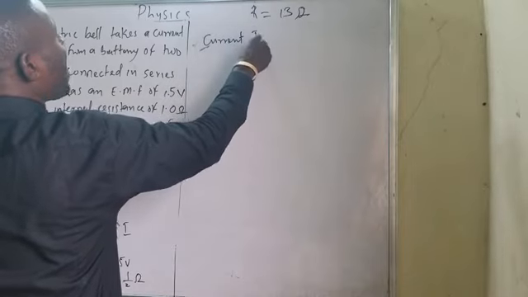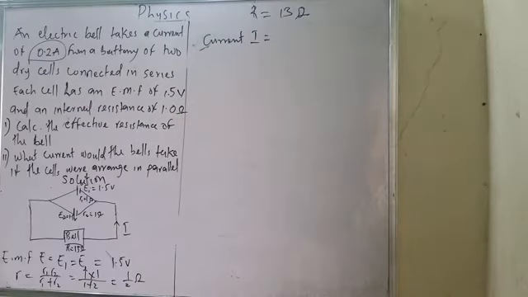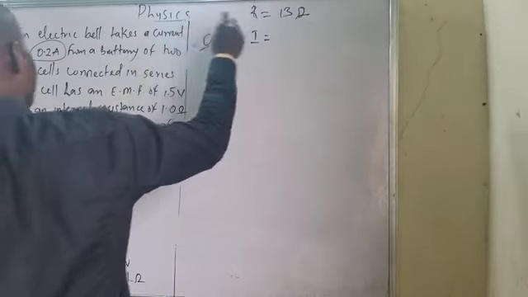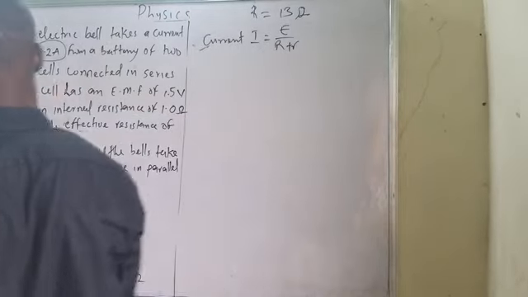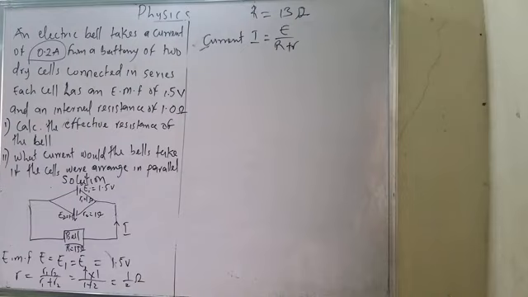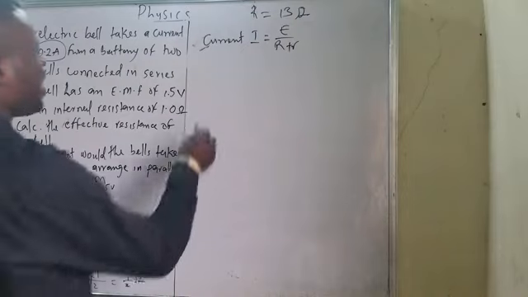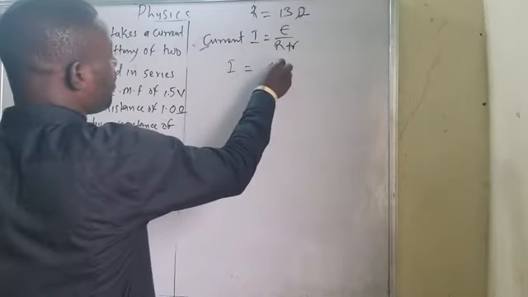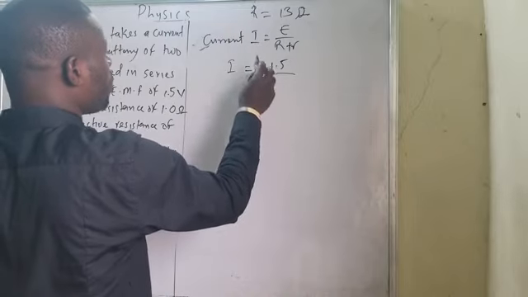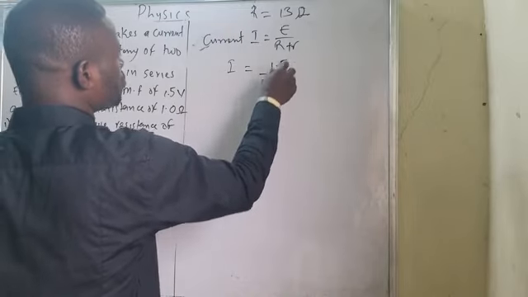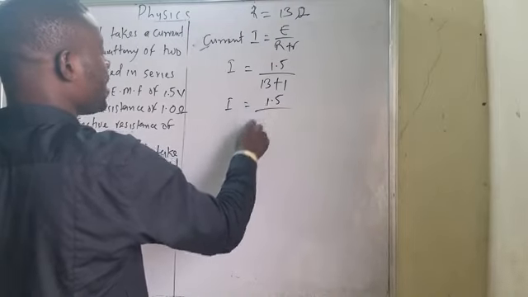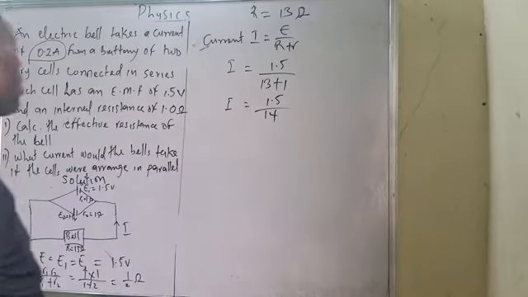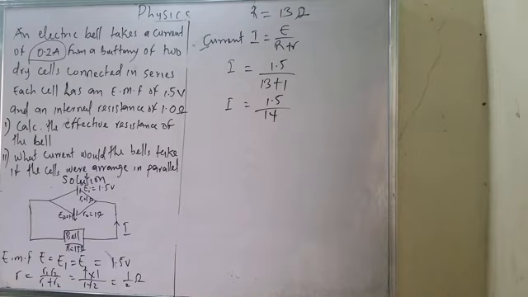Now I can continue by having my current I equal to E divided by big R plus small r. Now, everything you need is already available. What is my E? 1.5 divided by, what is my big R? 13 plus 1.